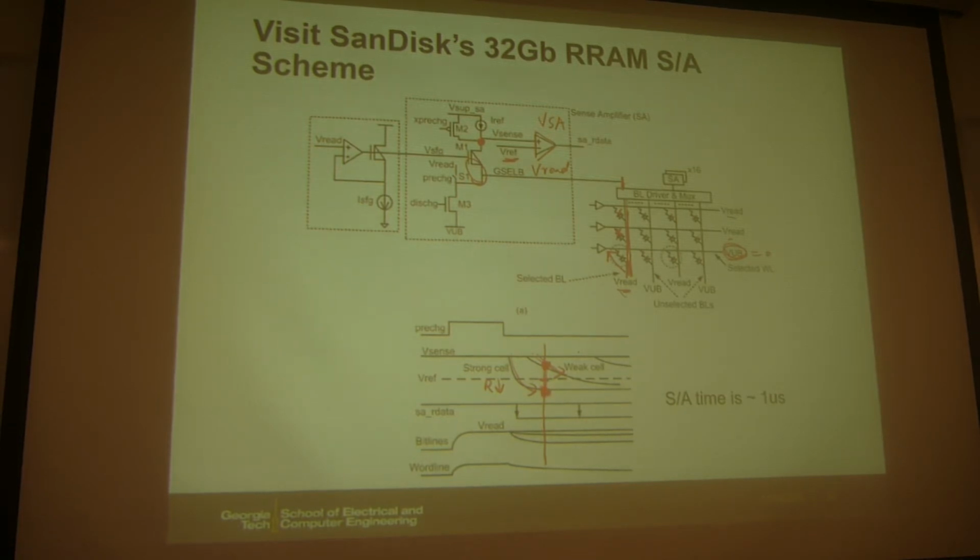So you have different polarity compared to the reference. Then the voltage mode SRAM can tell you the output 0 or 1. Okay, so this is the SanDisk design.